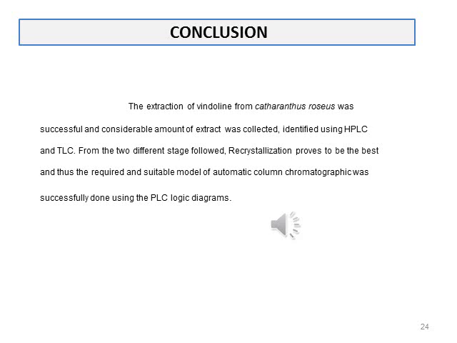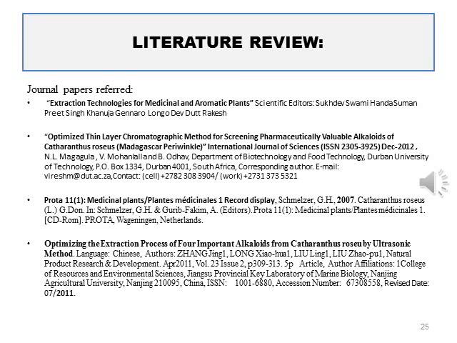From the two different stages followed, recrystallization proves to be the best, and the required and suitable model of automatic column chromatography was successfully done using PLC ladder diagram. The following literatures we studied, and we took hints from these literature surveys.